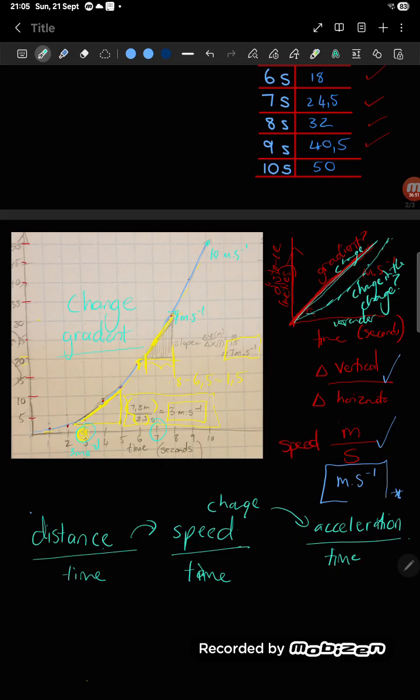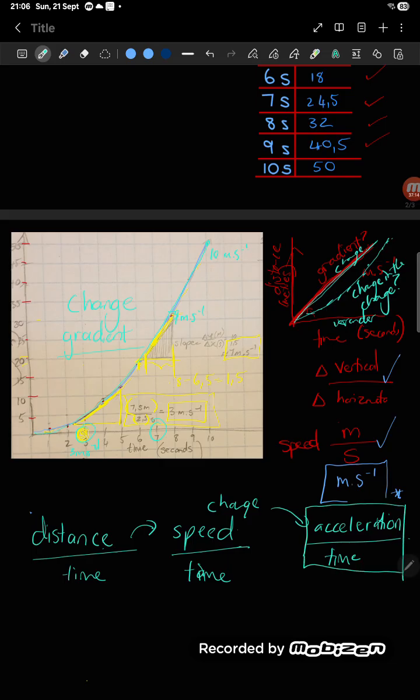We call it acceleration. So as soon as you have a distance, or even a displacement time graph that has a curve in it, it means that the speed is changing at every point. And if the speed is changing at every point, what are we doing?